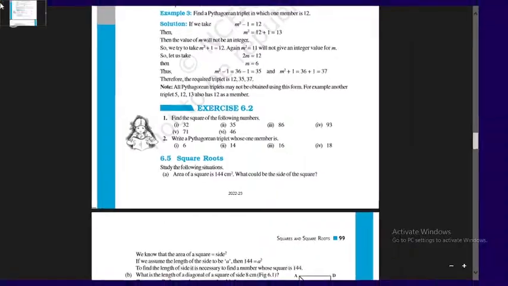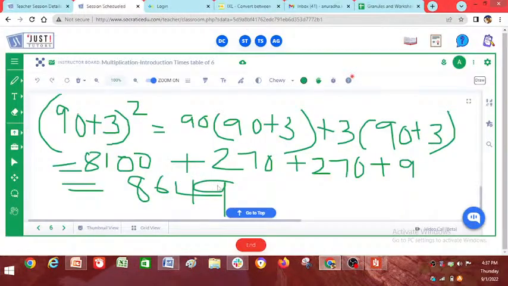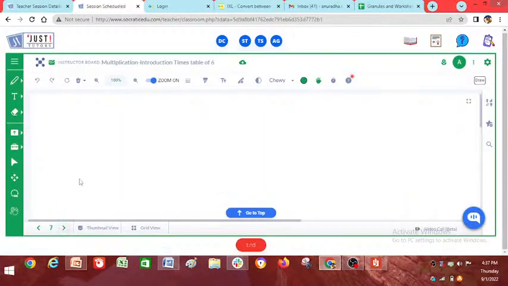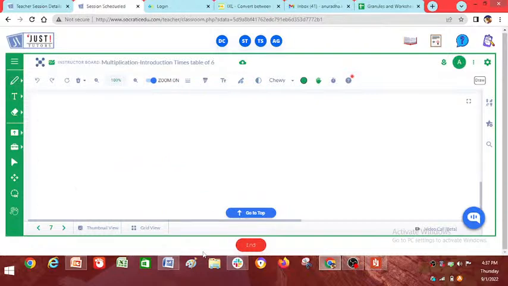So the question is, we need to write the Pythagorean triplet for 6.